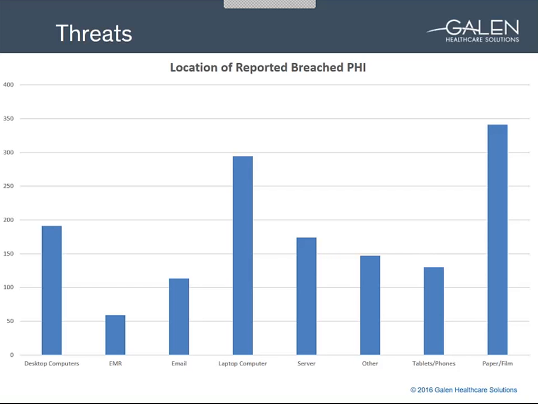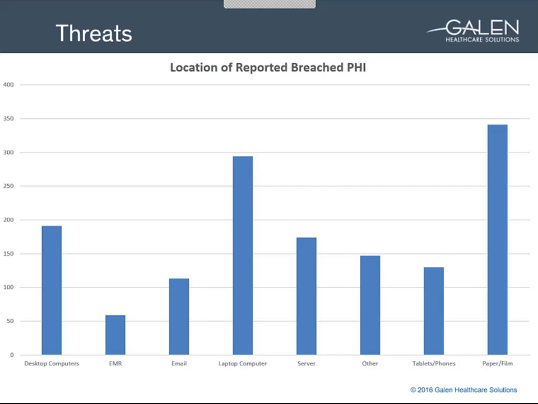By far the most rapidly growing sources of breaches in terms of where the data is physically located are things you can pick up and carry away with you outside of paper. So laptops, tablets and phones, desktop computers, those are all very significant and rapidly growing places where PHI might live, and they're often stolen for reasons that aren't directly related to the fact that they have PHI on them, but that doesn't really help you a whole lot when it comes to the penalties and when it comes to the risk to your organization.